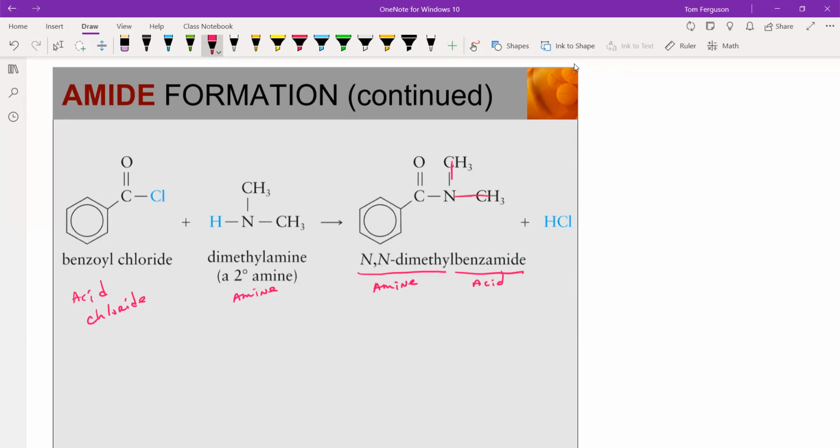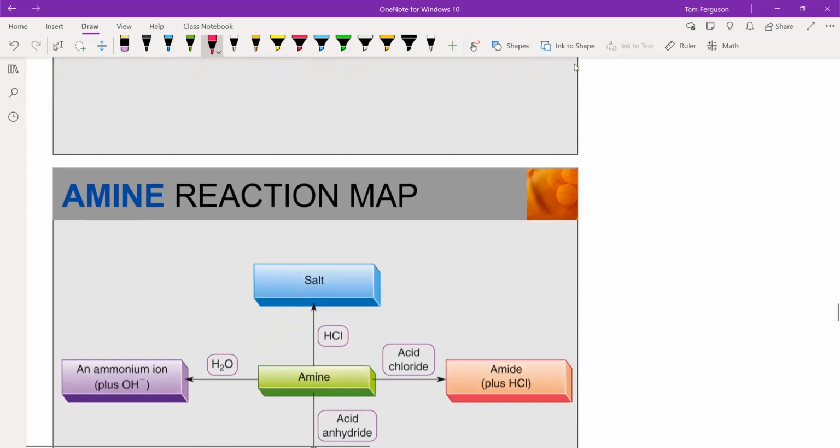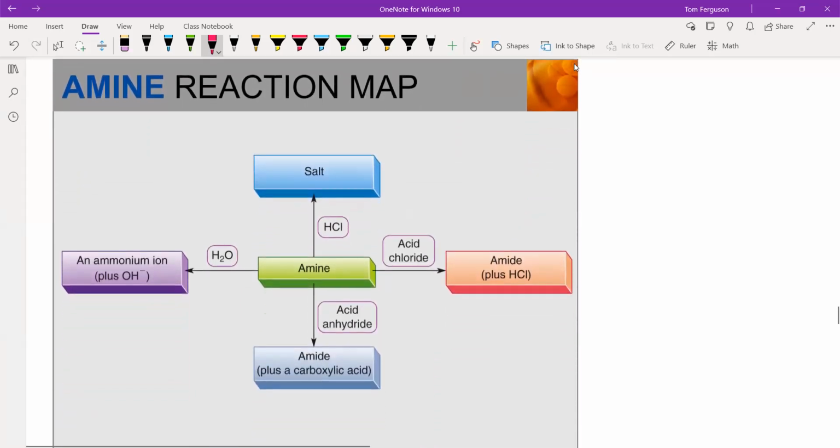So that's what's represented by the N,N-dimethyl. So, the presence of an acid forms the salt.